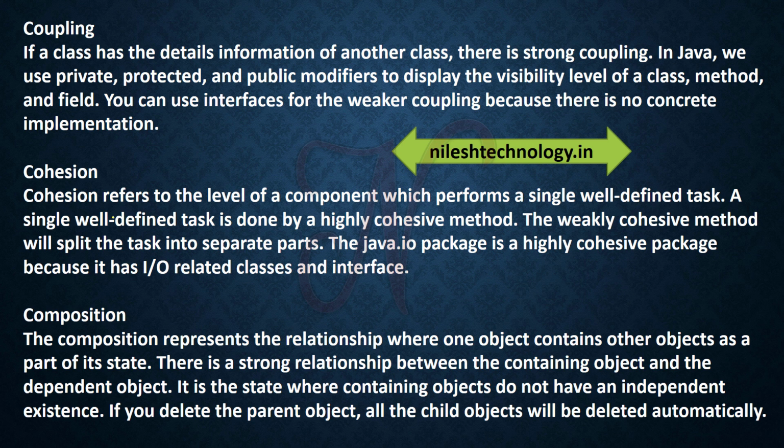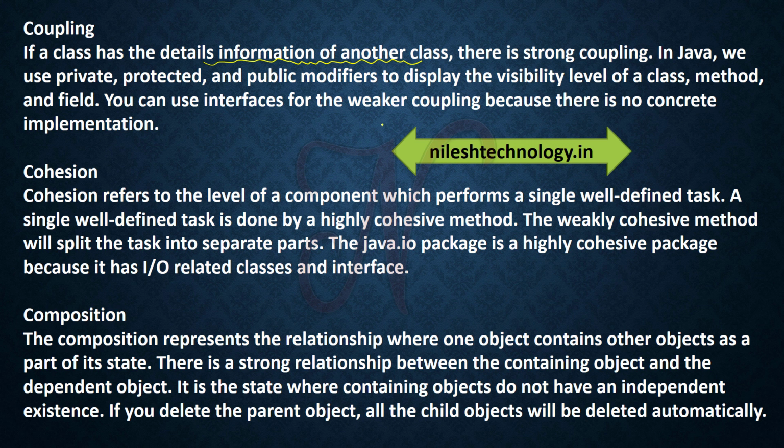Next, coupling. If a class has detailed information about another class, then there is strong coupling. In Java, we use private, protected, public access specifiers or modifiers to define the visibility level of a class. If you use an interface, then this is weaker coupling, but if you directly access the information of another class, then this is strong coupling.